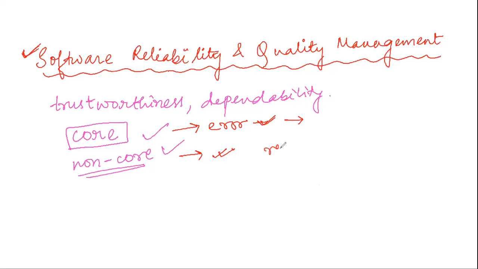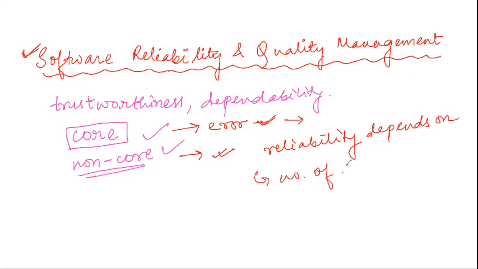So, reliability depends on the number of errors, definitely, and also the exact location of errors, because our motto is to increase our reliability growth curve. For that, we first need to remove errors from the core part itself. So where the error is occurring is also very important.